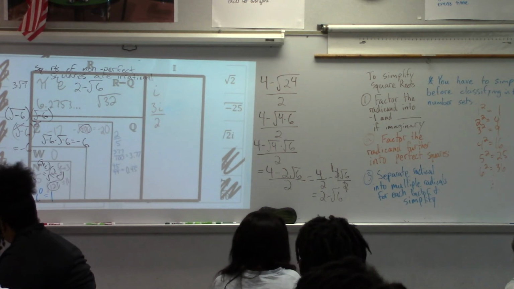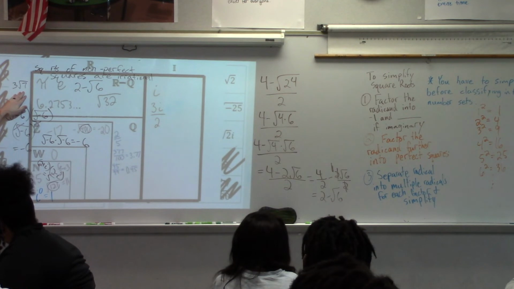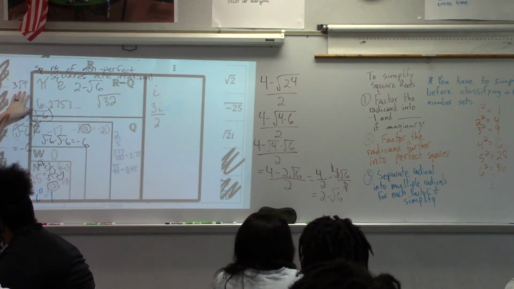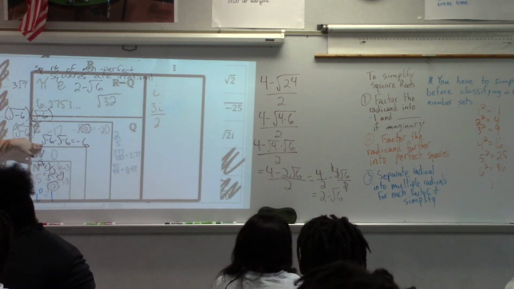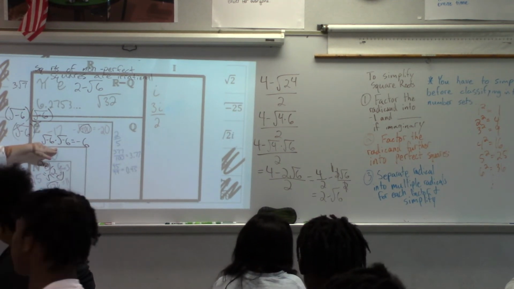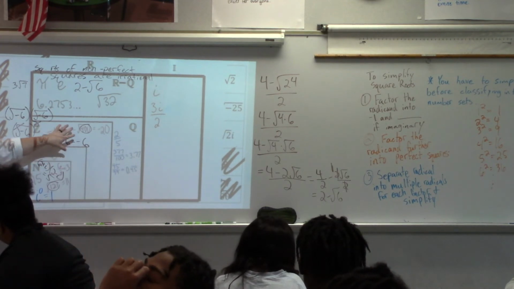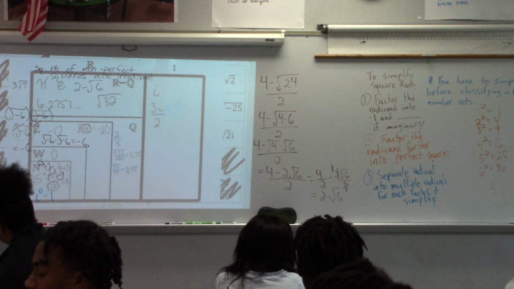Why? The 7 is not a perfect square, right? So if one part of it is irrational, it makes the whole thing irrational. Unless it's like the square root of negative 6 times the square root of negative 6, canceling out that square root. That's important to notice.